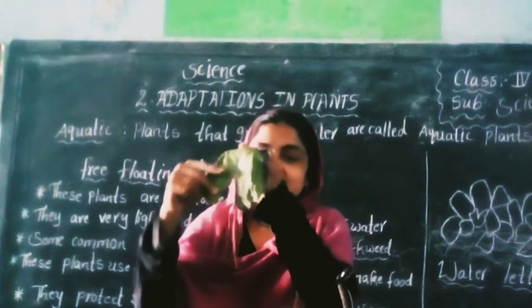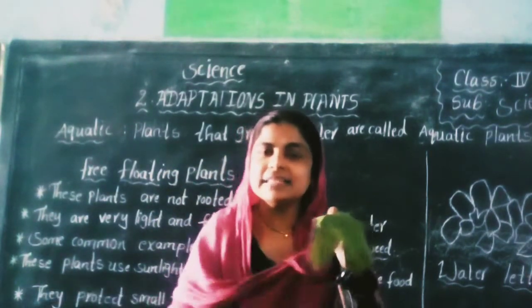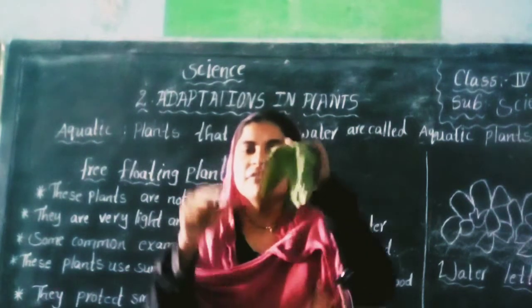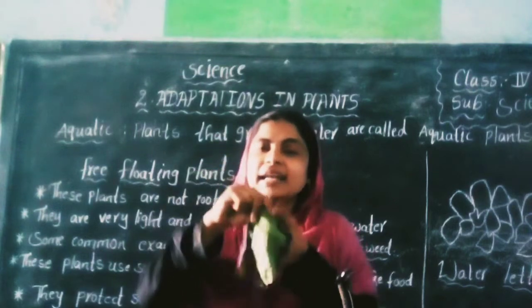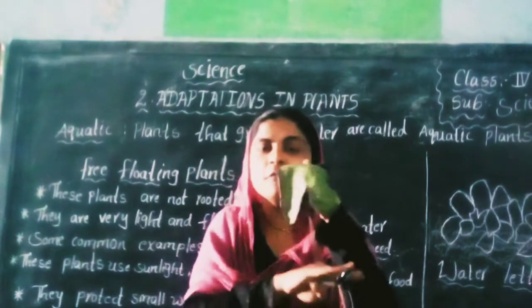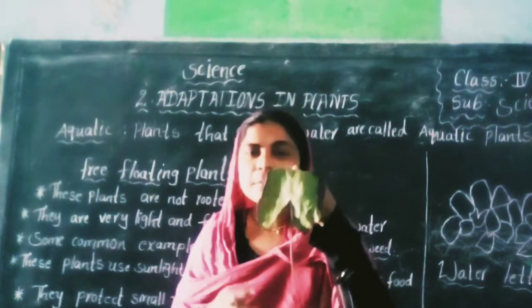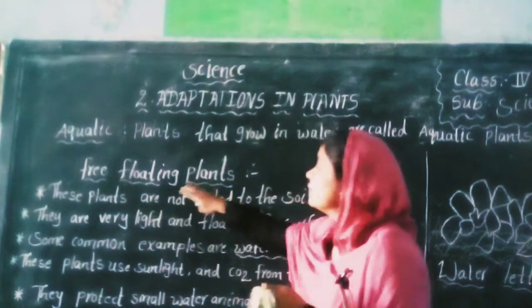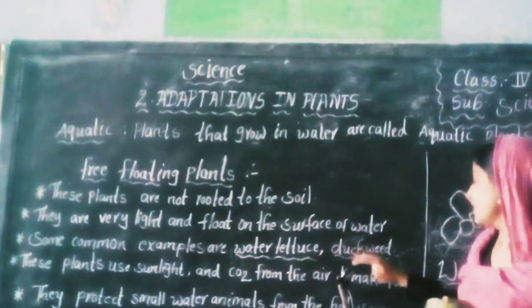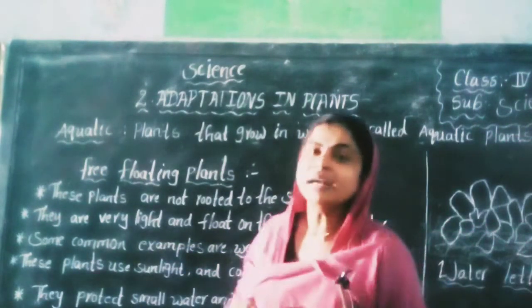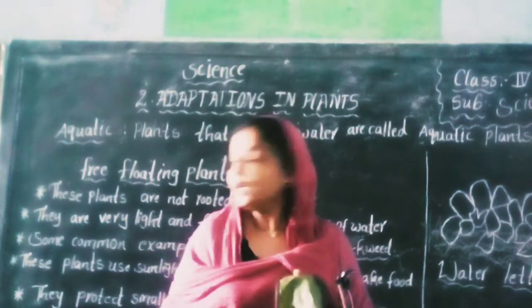They are very light and float on the water. Some examples of free-floating plants are water lettuce and duckweed.